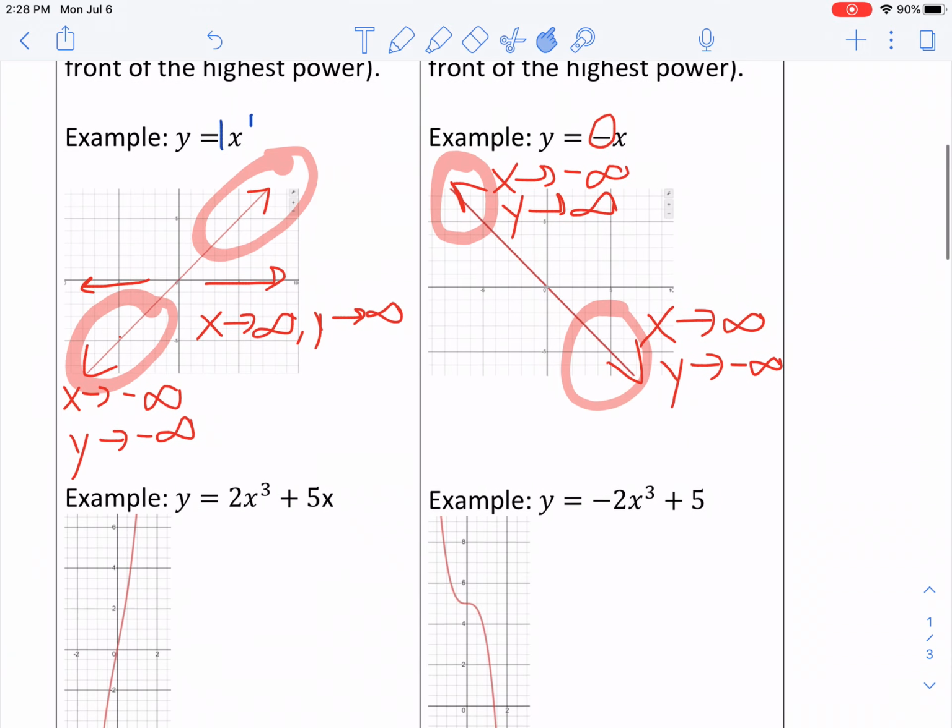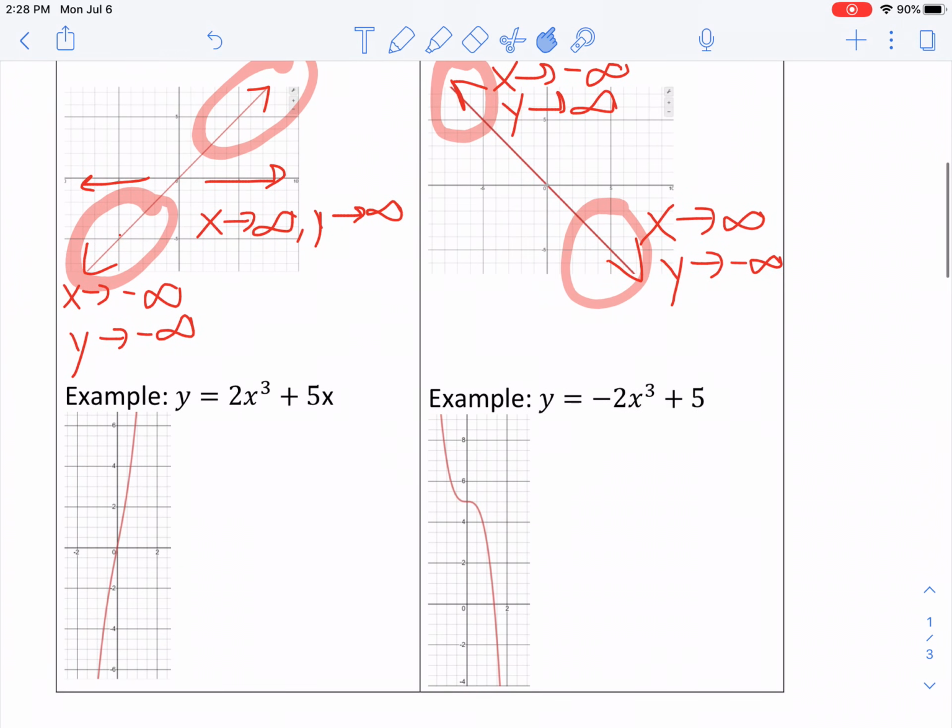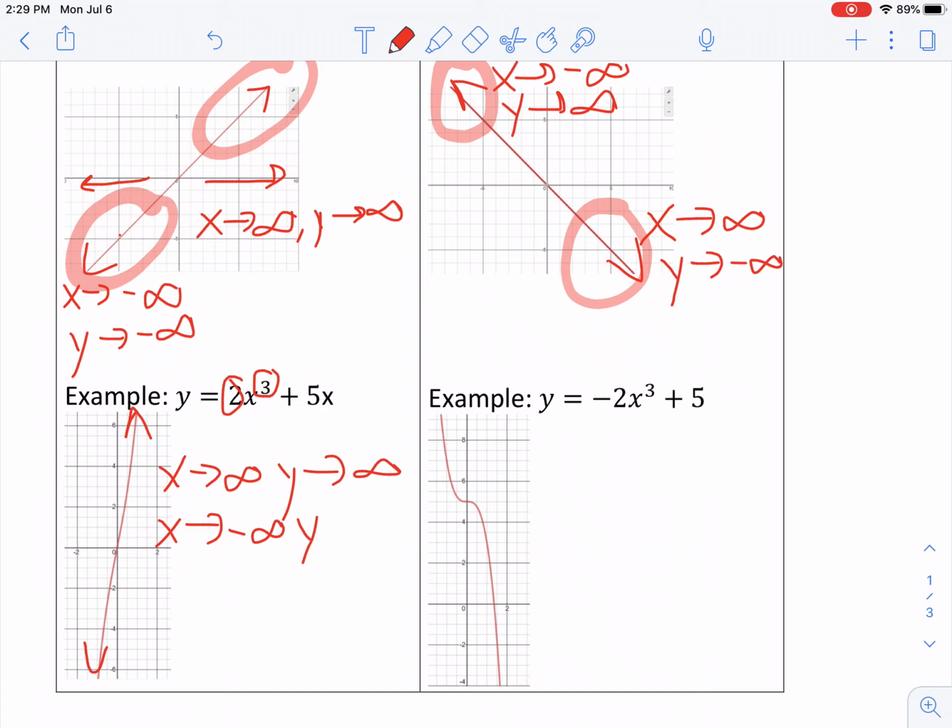And then if I look at more complicated odd degree functions, what you can see is that the end behavior would be the same. So this one is an odd degree and a positive leading coefficient. So it's exactly the same as the simpler case above. As x goes to infinity, y goes to infinity, and as x goes to negative infinity, y goes to negative infinity.